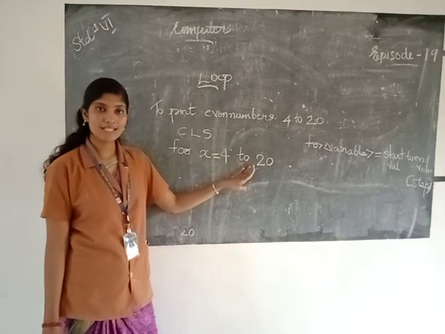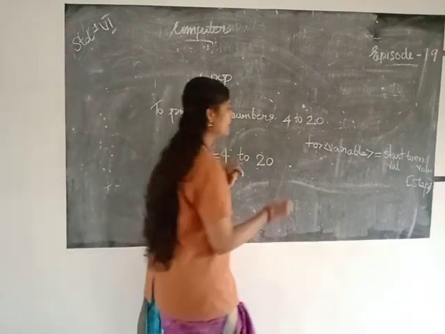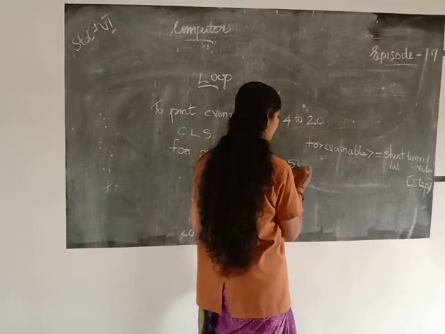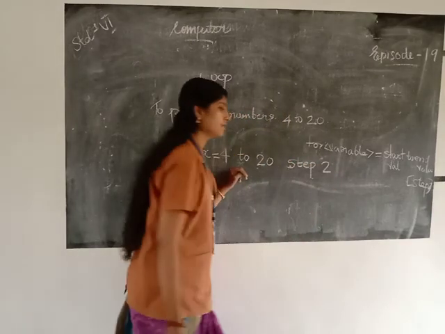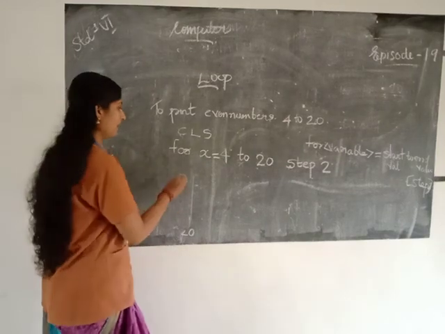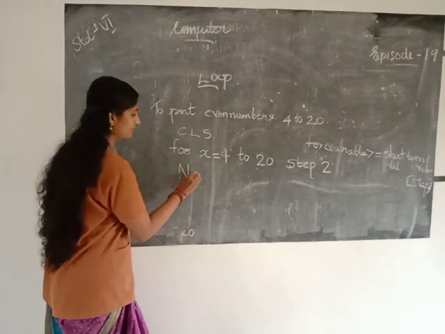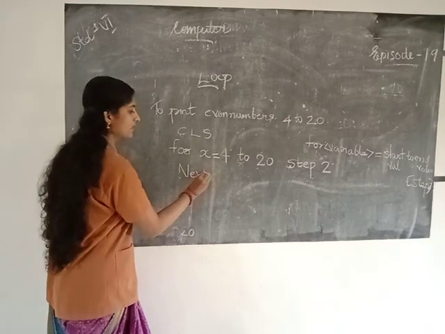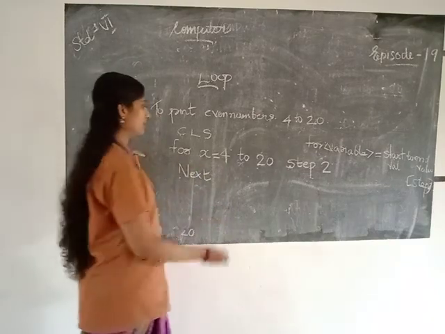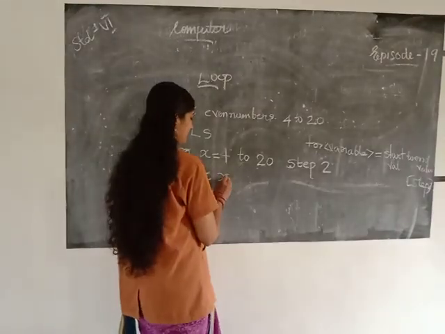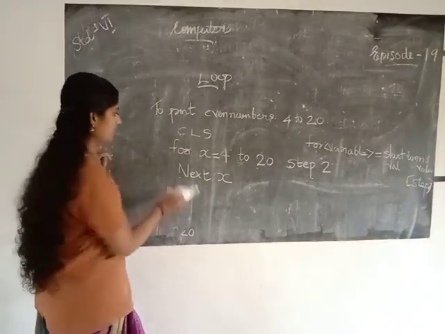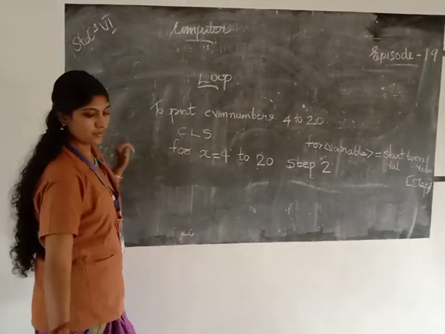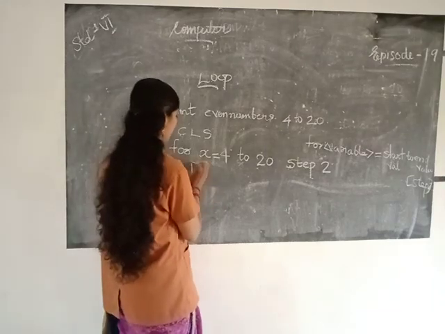So here the interval is 2, so we can write step 2. And the counter variable is X. Next X. Here, print X.